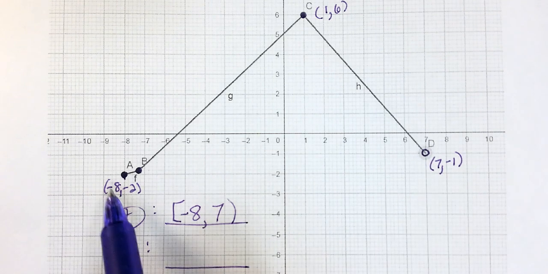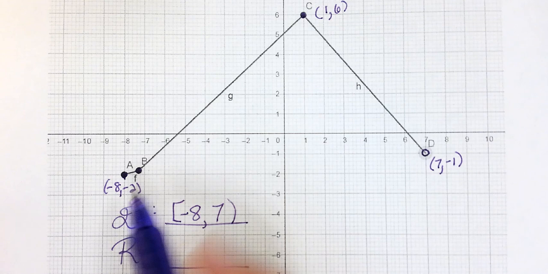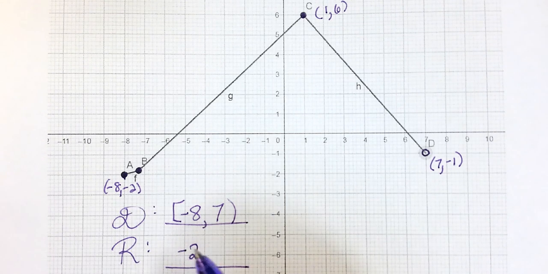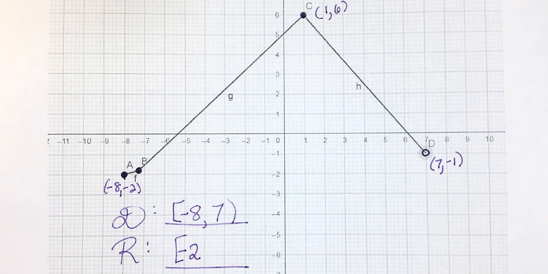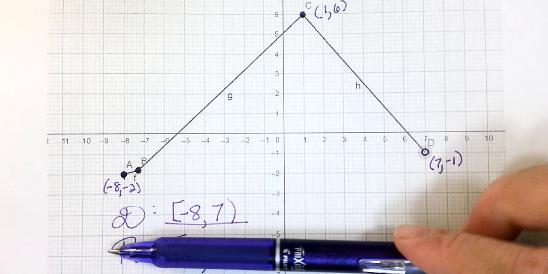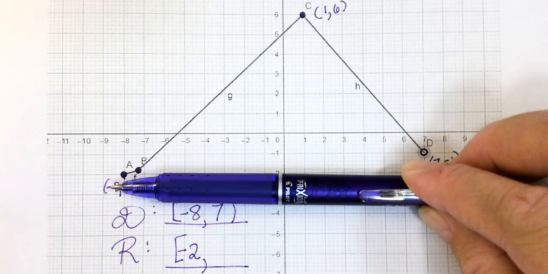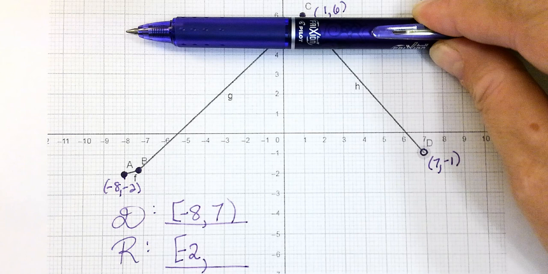So our starting y value for the range is -2. And since this is a closed circle, it will get a bracket. And now, again, we're going from the bottom to the top. So our lowest up to the highest y value. So the highest y value is here with C. Its y value is 6.